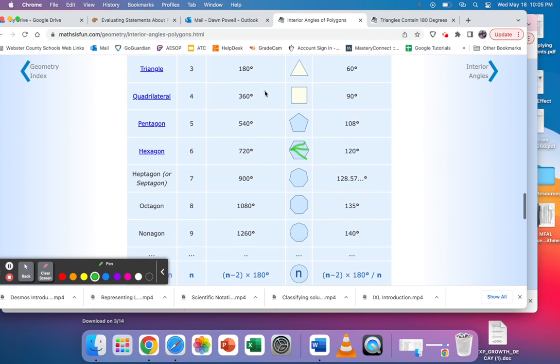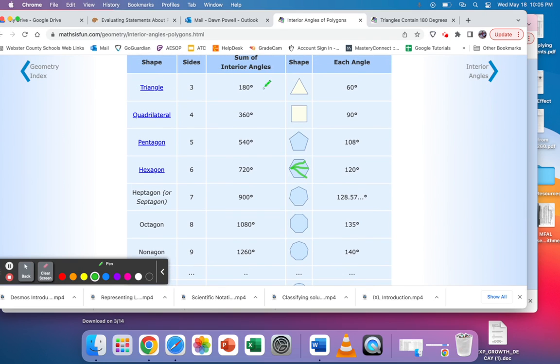So if I have a three-sided shape, I can have one triangle. If I have a four-sided shape and I do corner to corner, I can make two triangles. This will give me three triangles, and then that's four triangles.